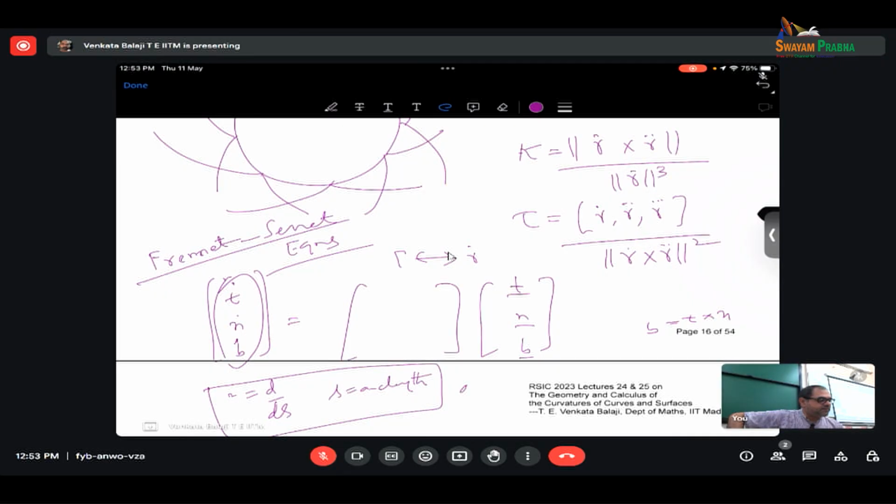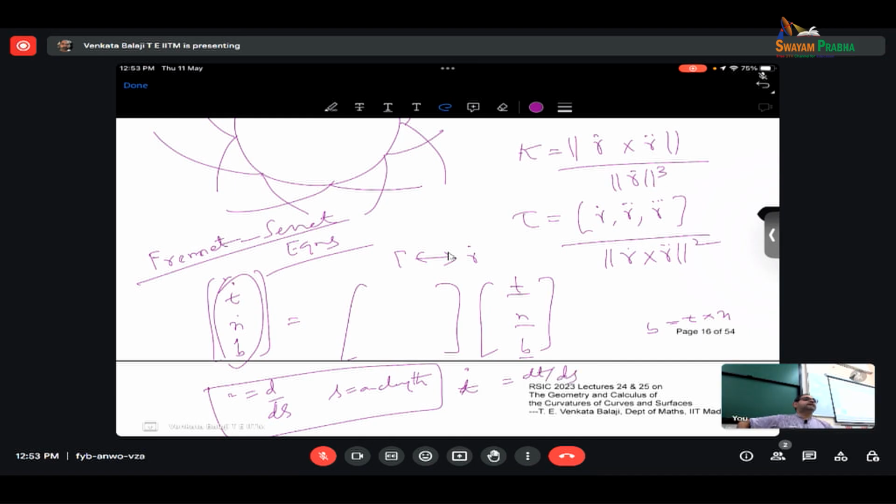Therefore every vector can be broken down in three directions. So you take the directions as T, n, and b and break down T dot, n dot, b dot, and dot means d by dt or d by ds. Here dot is d by ds, where s is arc length. So for example T dot is just dT by ds.